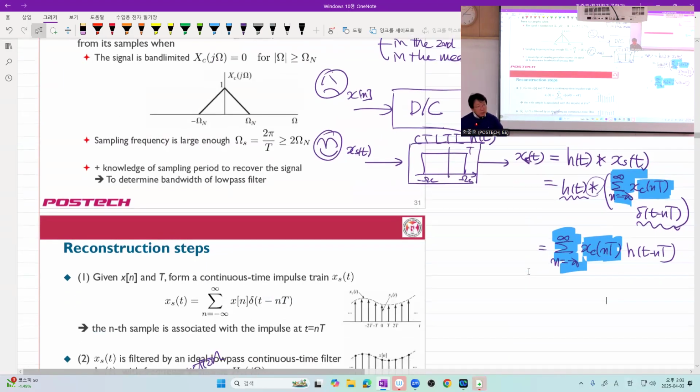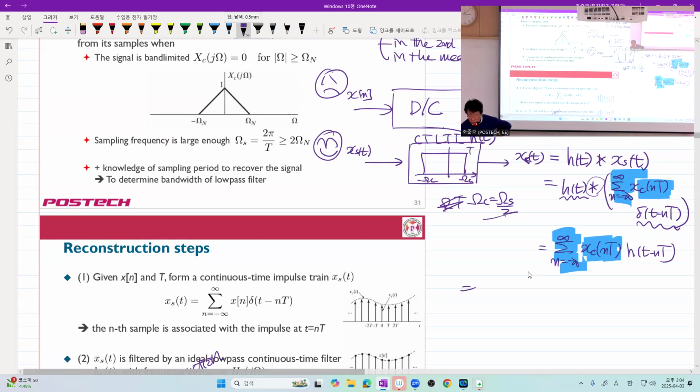And what is the impulse response of the ideal low-pass filter with cutoff omega c equals, for example, half of omega s? Cutoff is just half, to avoid any problem.